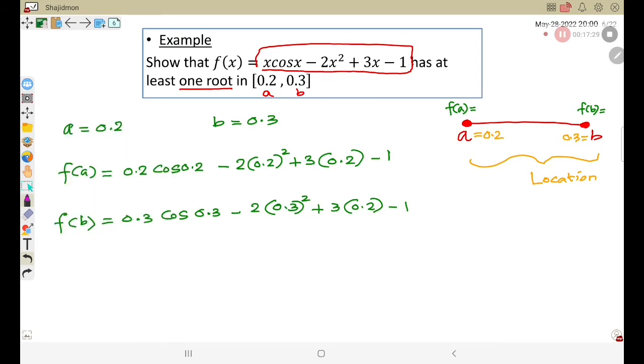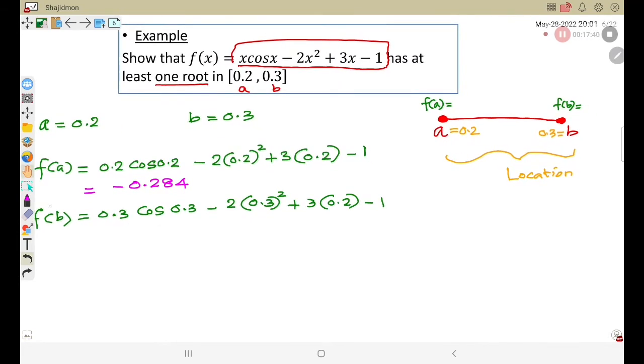The first answer you will get is minus 0.284, the first number. I am taking 3-digit rounding. Make sure your calculator is in radian mode, because sine and cosine are there.